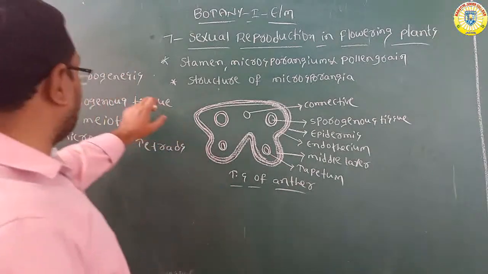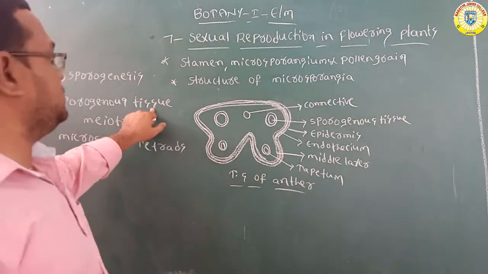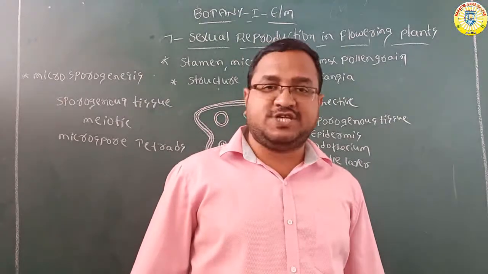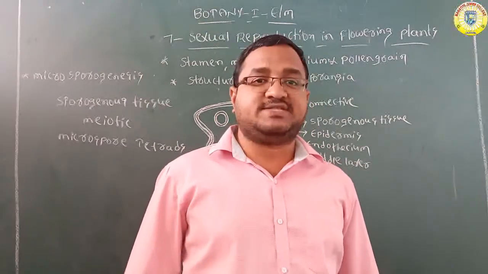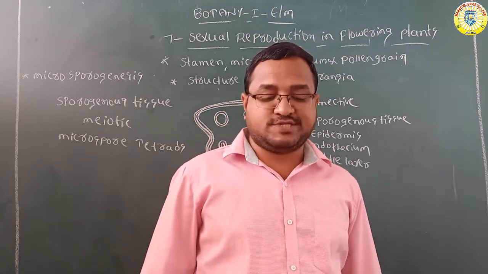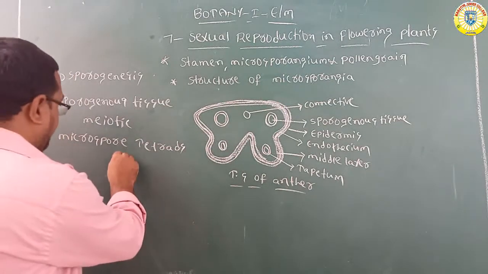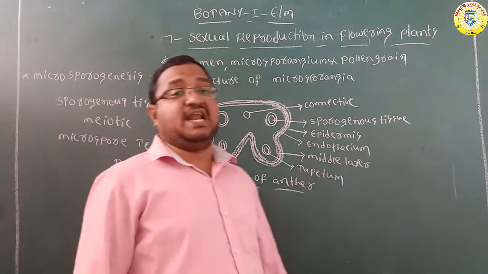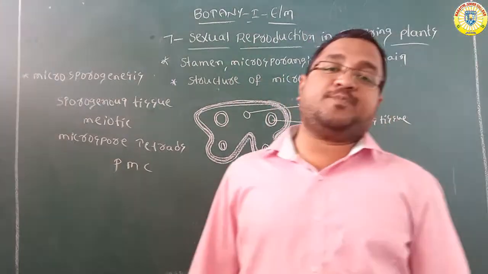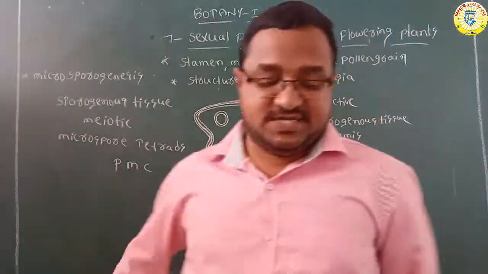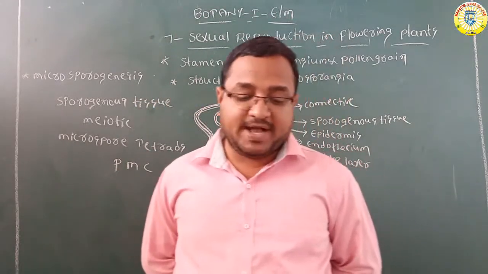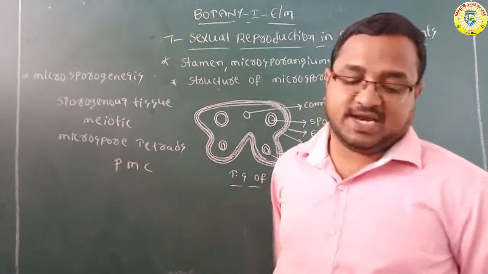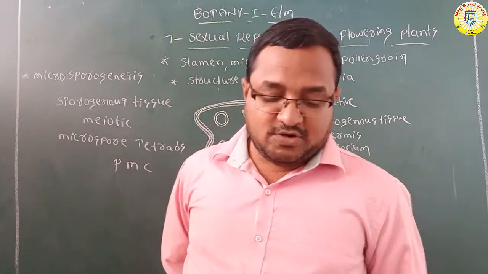Each cell of the sporogenous tissue that is able to produce microspore tetrads is called a primary microspore mother cell, or pollen mother cell.